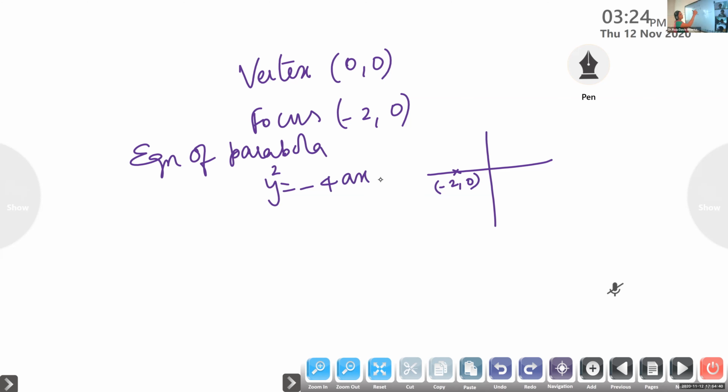So the focus means it is negative a, 0. From here, what is a? Comparing, we will get the value of a is 2. Therefore, what is the equation, Aditya? Y squared is equal to minus 4ax. What is the value of a here?